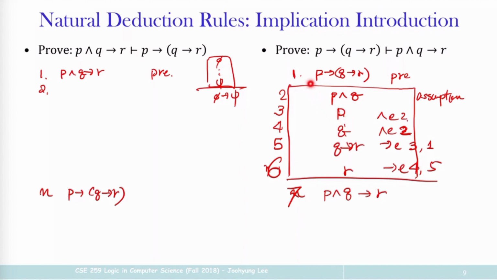From P and P implies Q implies R, we can derive Q implies R, and from Q and Q implies R, we can derive R. Since we established R from P and Q, using the implication introduction rule, we can derive P and Q implies R.